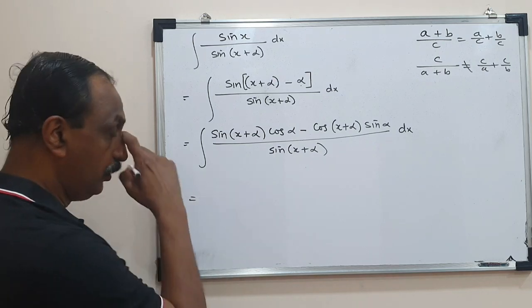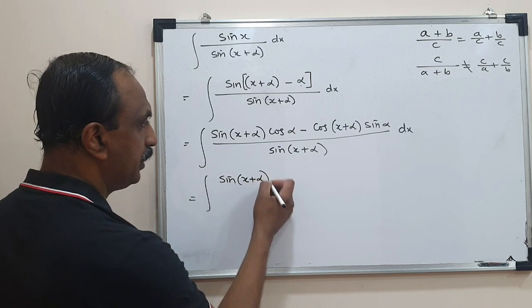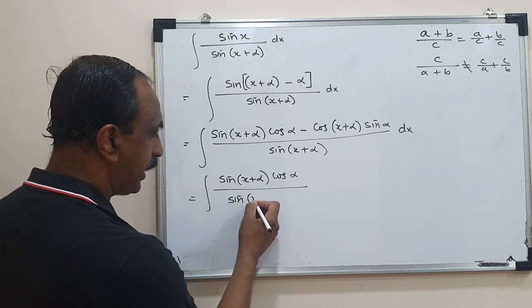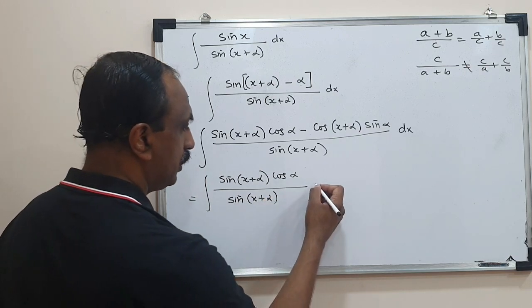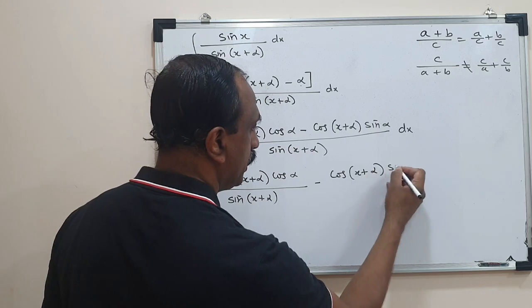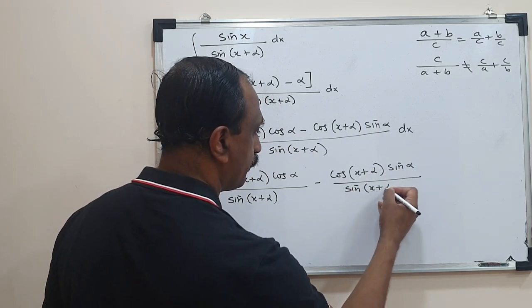So I can now separate like last time: sin of x plus alpha into cos alpha divided by sin of x plus alpha, minus cos of x plus alpha into sin alpha divided by sin of x plus alpha.